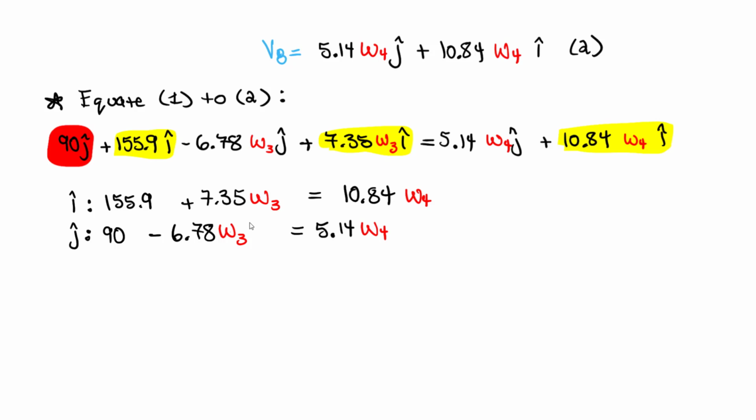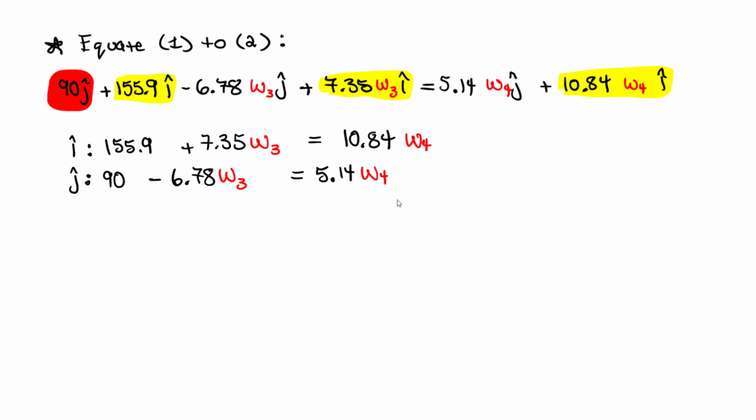The way I did this was to further reduce it to the following. On the left side, I kept just the values: 155.9 equals 10.84 omega 4, and I move this to this side, so it's minus 7.35 omega 3.